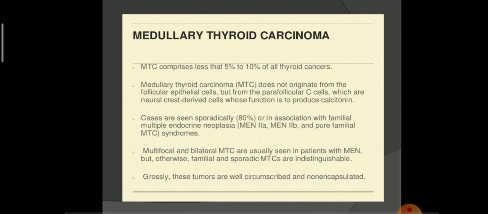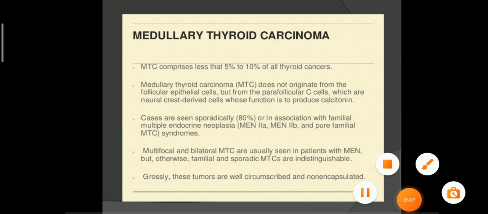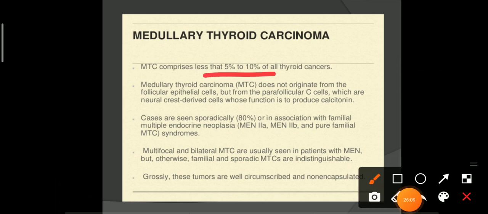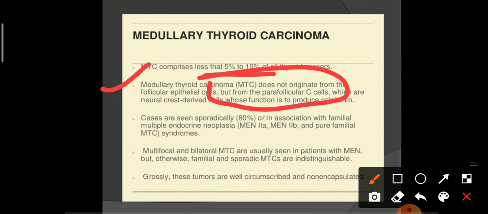Now coming to medullary carcinoma. Medullary carcinoma comprises about 5 to 10% of all the thyroid cancer cases. Okay, and it does not originate from follicular epithelial cells. It arises from parafollicular cells which are neural crest derivatives. Okay, and the gene involved here is the RET gene.